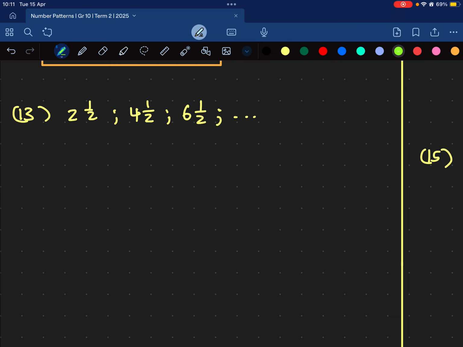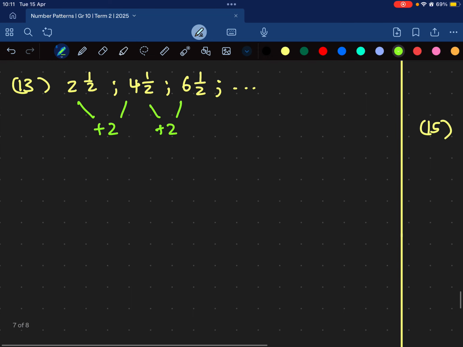It is fine, but I'm sure that if you look at the common difference, you can see that the half is staying the same. So all you're doing is you're adding 2 every time. So if I'm just adding 2 every time, I can see, well, the common difference must be 2.